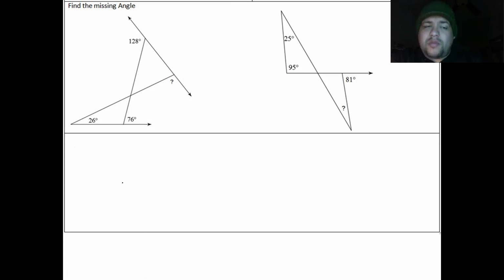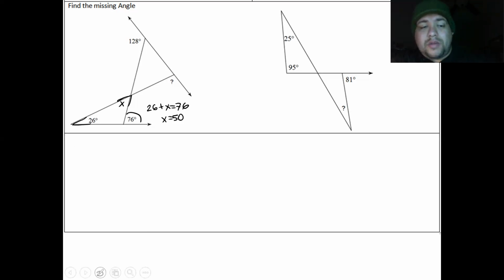The first thing that I'm looking at is I can use the remote angle theorem, this being here, and the outside being there. I can say that this is, let's say x, so I get 26 plus x is equal to 76. If I subtract 26 from both sides, I get x is equal to 50.